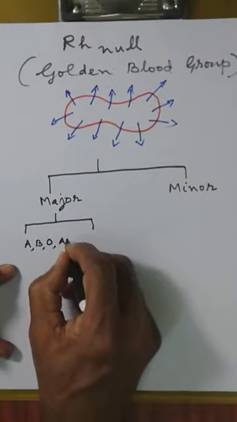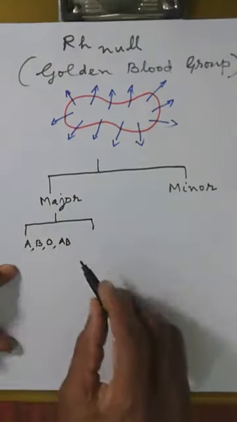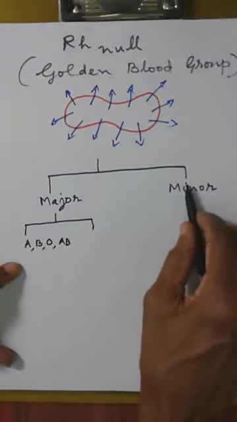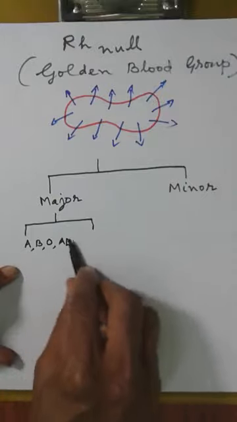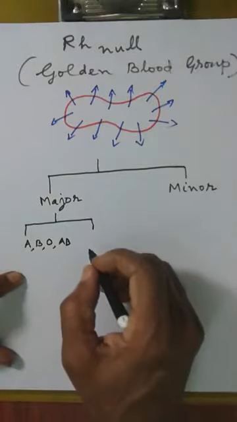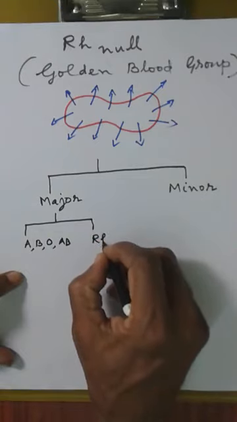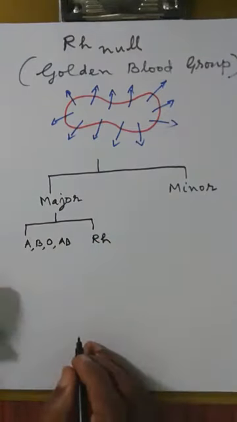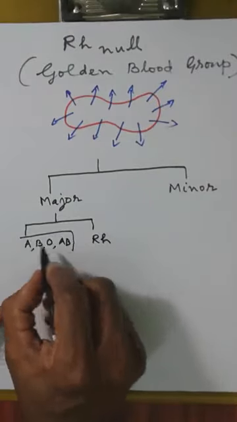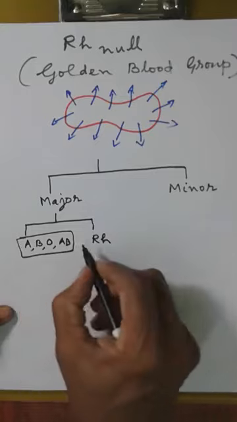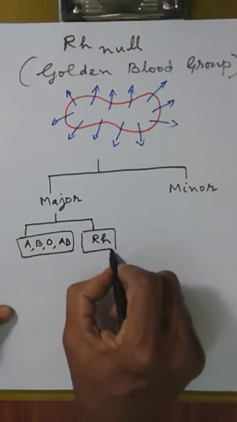After the major antigens, one set is the ABO system, and the other system is RH antigens. So this is one group and RH is another group.